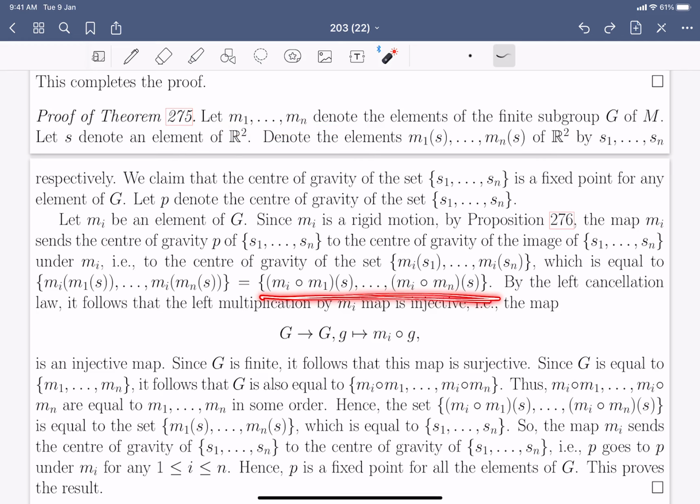So here what you have is precisely the set M1 S, M2 S till Mn S, that is, S1 up to Sn, and you are looking at its center of gravity. So what we have observed is that the center of gravity of this set of points S1 up to Sn is sent to itself by Mi, for any element Mi of G.